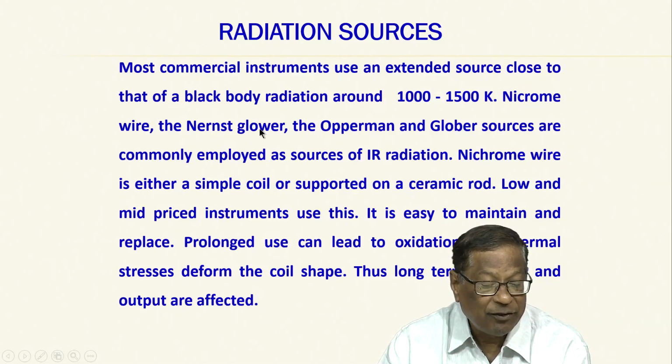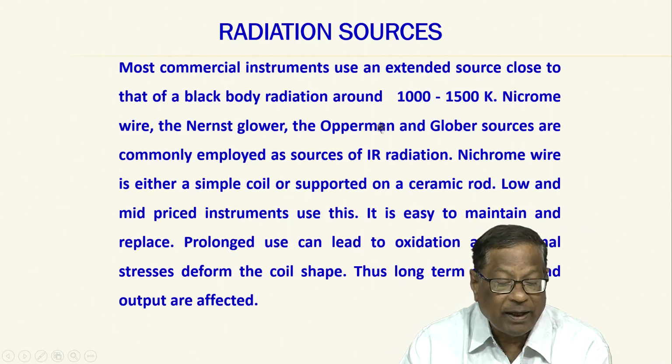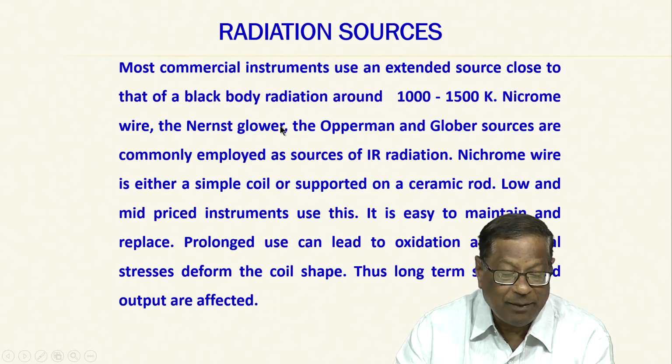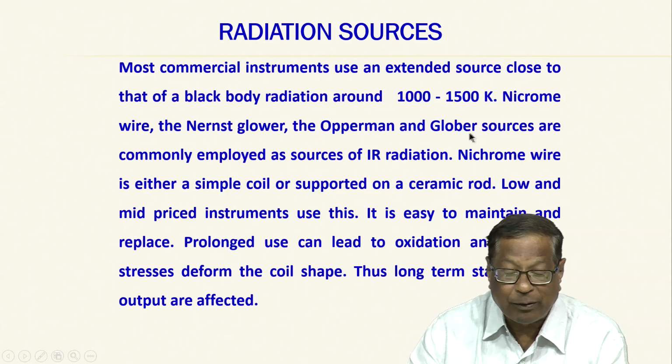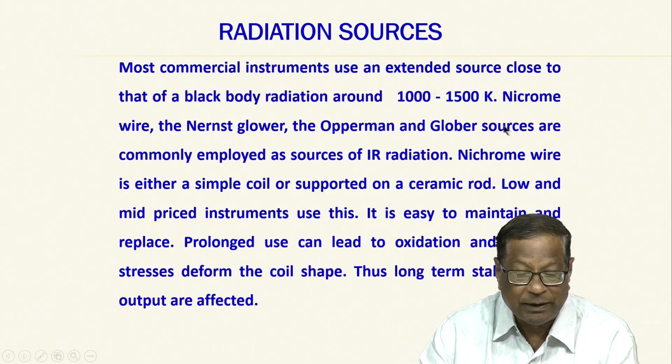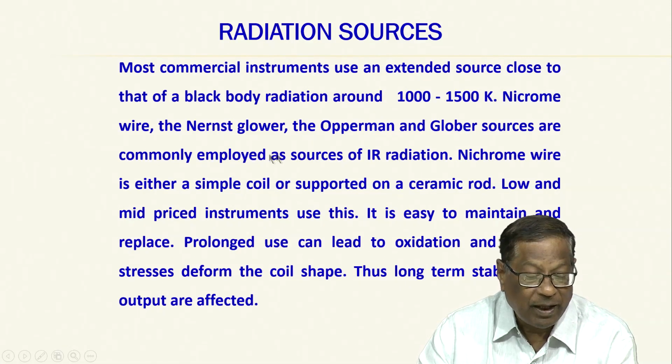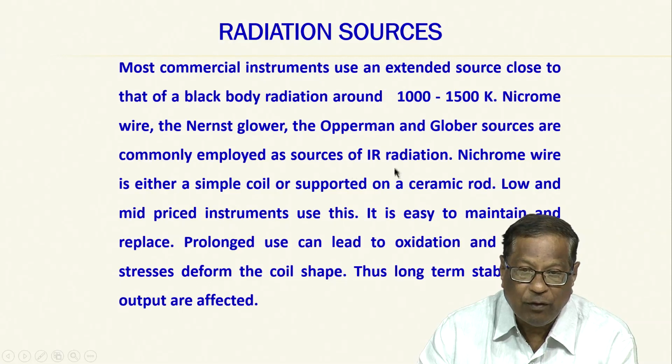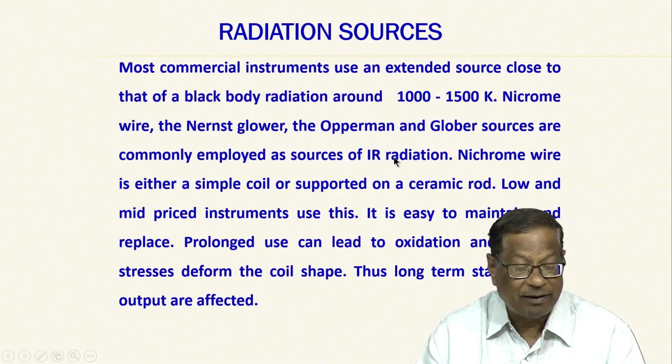I can use a Nernst glower, an Opperman and a Globar source. These are all technical names, but nichrome wire everybody knows is nickel chromium alloy wire. They are commonly employed as sources of infrared radiation.